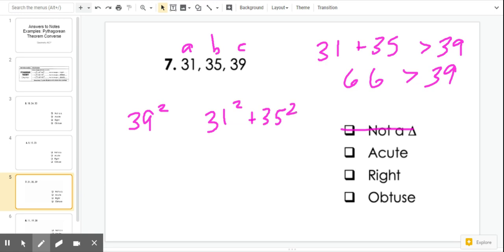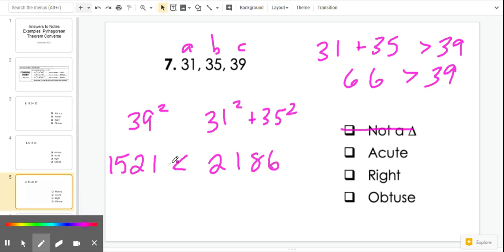So 39 squared, check that on my calculator, that's 1,521. 31 squared plus 35 squared, I'm going to do that in my calculator all at once. That's 2,186. So our C squared is smaller than A squared plus B squared, which means that we have an acute triangle.